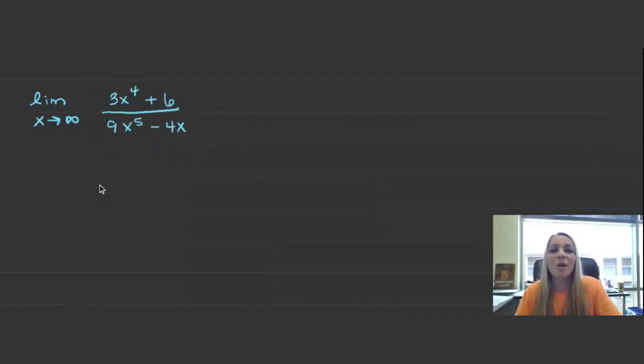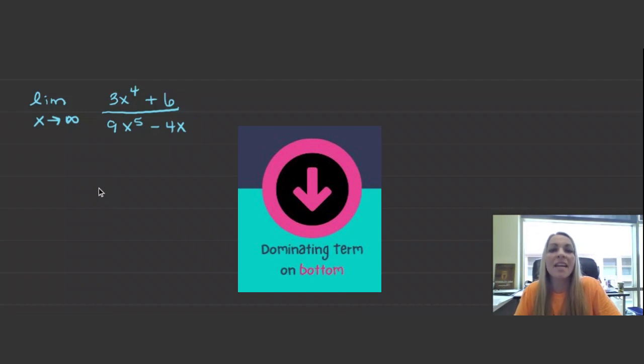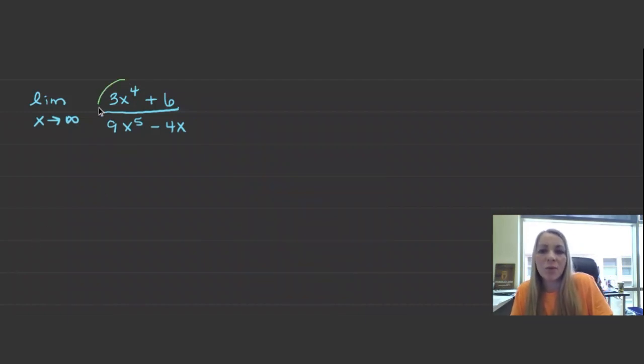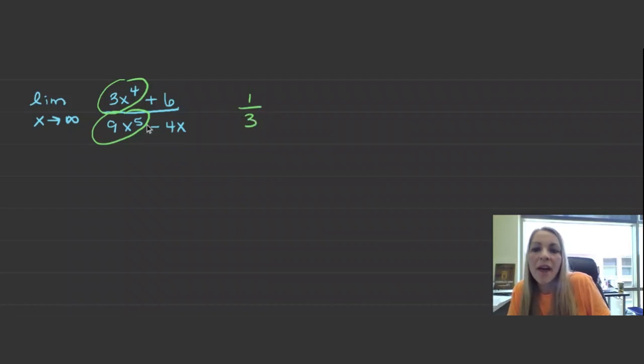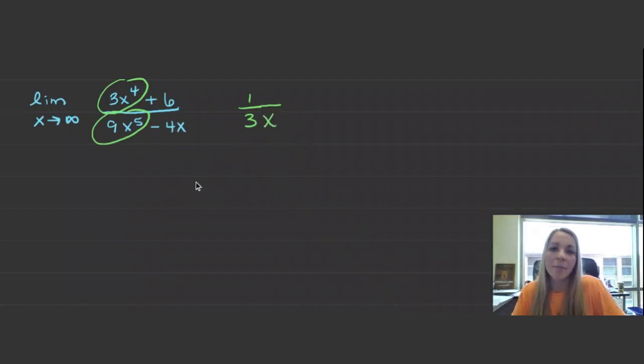The last scenario we're going to investigate is when the dominating term is on the bottom. My dominating term on my numerator is 3x to the 4th, and my dominating term on the bottom is 9x to the 5th. If I simplify this, 3/9 simplifies to 1/3, and x to the 4th divided by x to the 5th simplifies to 1 over x, so I'm just going to extend that a little bit to put the x on the bottom.